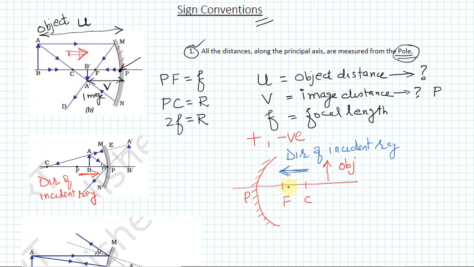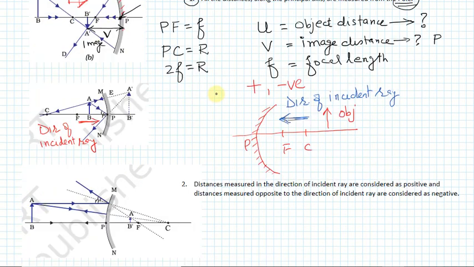Now, point number 2 of sign convention says distances measured in the direction of incident ray are considered as positive and distances measured opposite to the direction of incident ray are considered as negative.